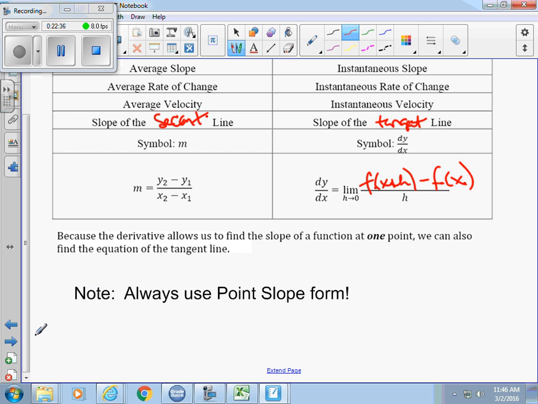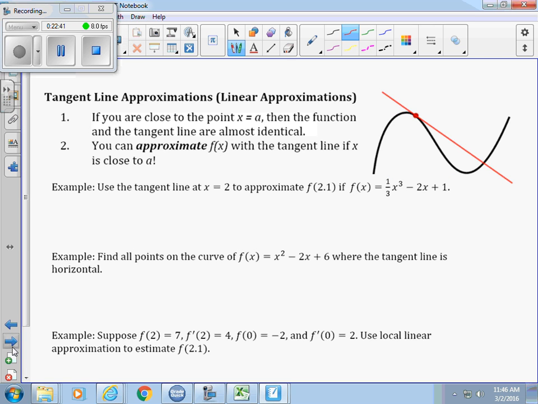We're going to look at finding tangent and normal lines today, which we've actually already done, but we're going to do the formal lesson today. And then what we can do with a tangent line. The first thing we're going to look at is what's called a tangent line approximation.